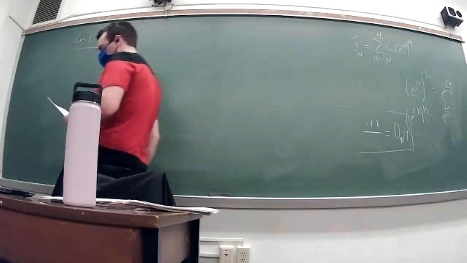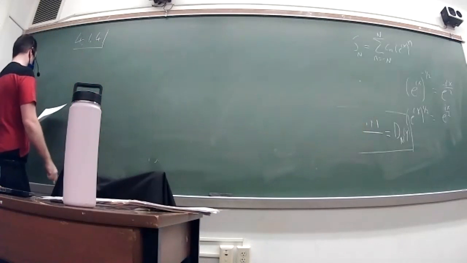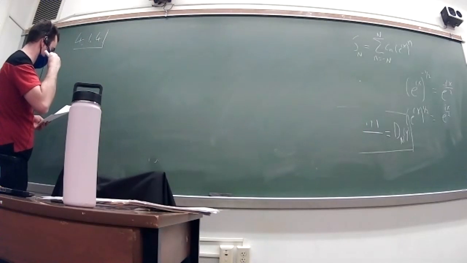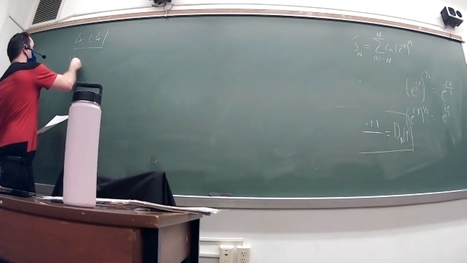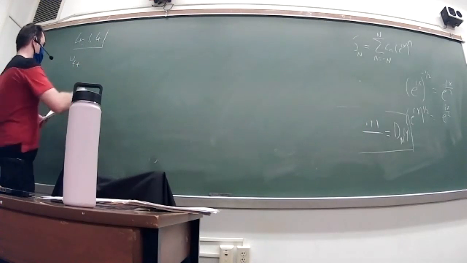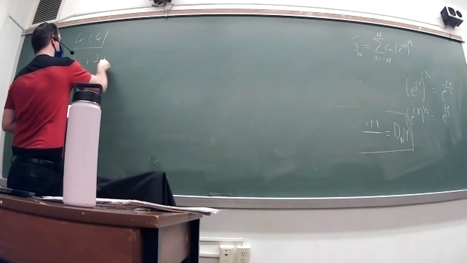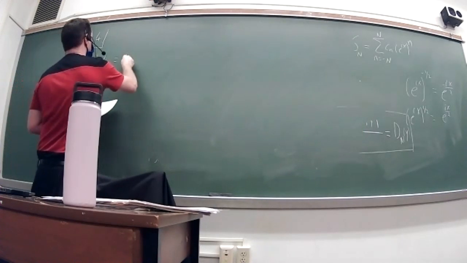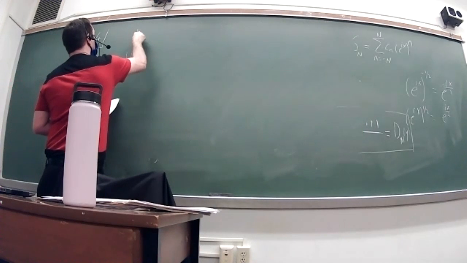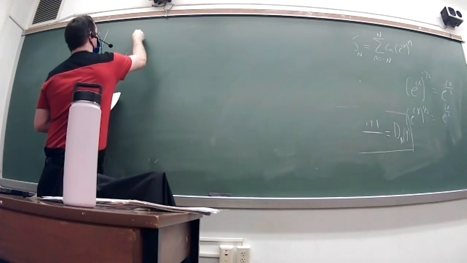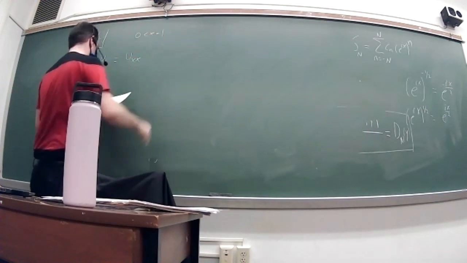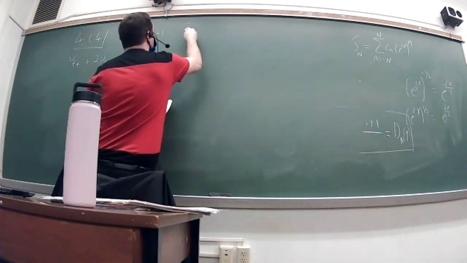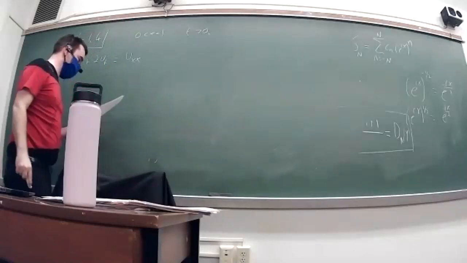I'll try to be sketchy and not show the things that are more reasonable and emphasize the things that are more difficult. So you should remember this from your homework. You had this equation, u_tt plus 2 u_t equals u_xx. And your domain was x from 0 to 1, and t bigger than 0.